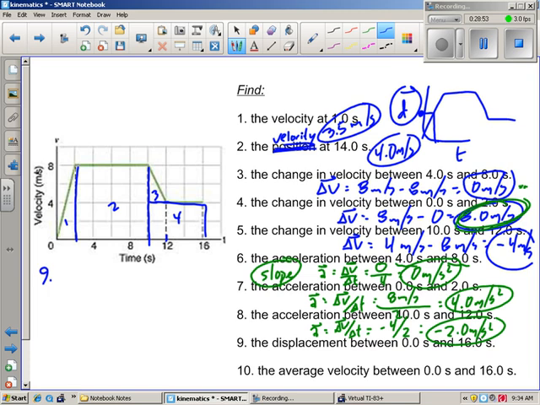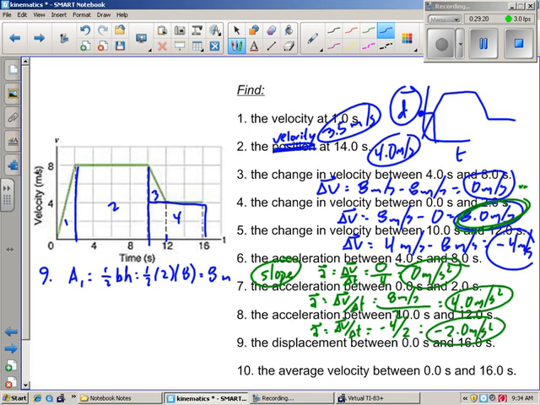The area of the first triangle, A1, is 1/2 base times height because it's a triangle. So that's going to be 1/2 of 2 times the height of 8, which is going to give me 8. And the units would be meters. Oddly enough, we're finding an area, but it's not meters squared because it's displacement. So the units are meters, 8 meters.